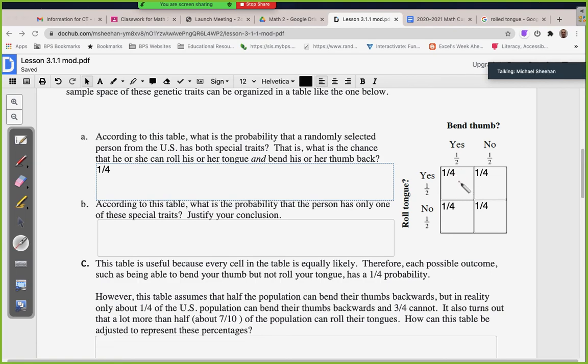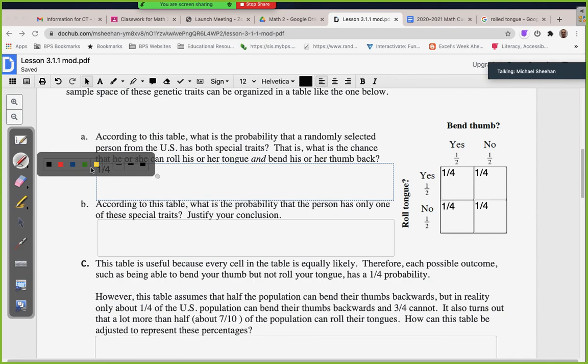Yeah. So let me ask you like this: these people in here, how many things can they do? None, one, or both things? Both things. So these people can do both things. How about these people? One thing, right? Good. How about these people? None. How about these people? One thing.